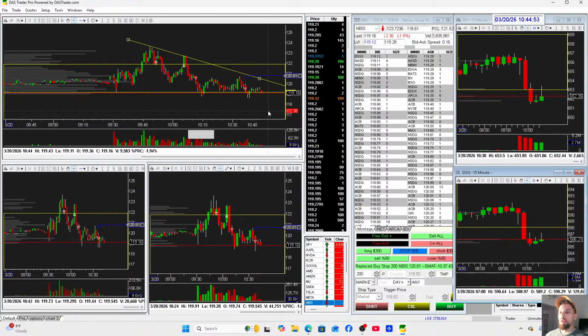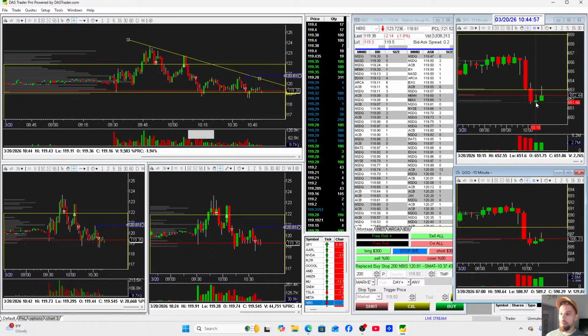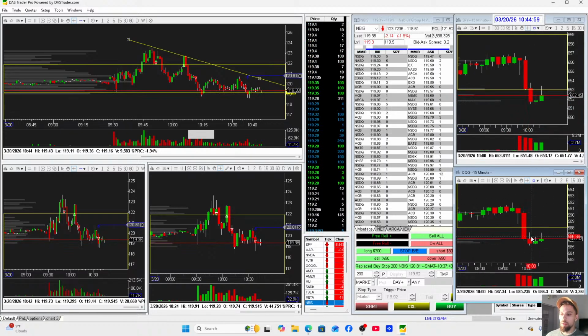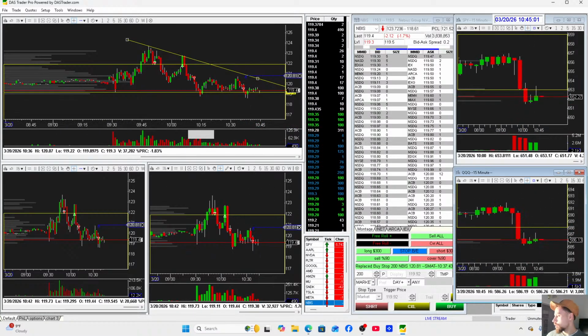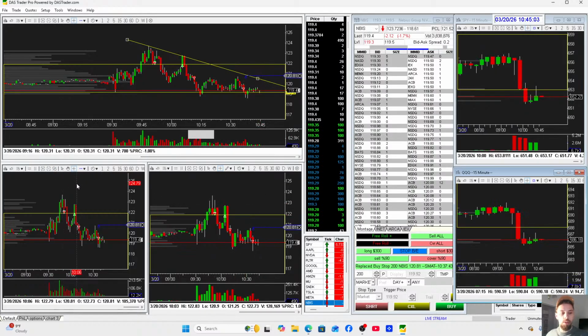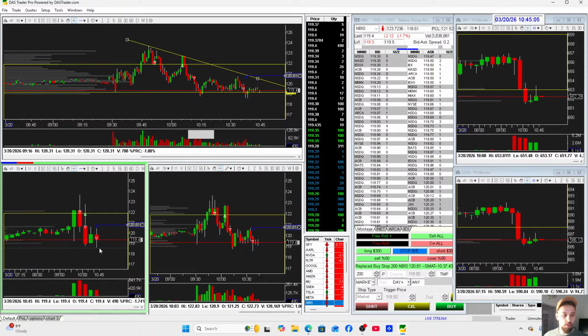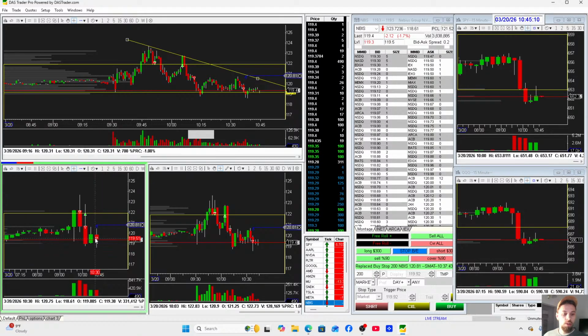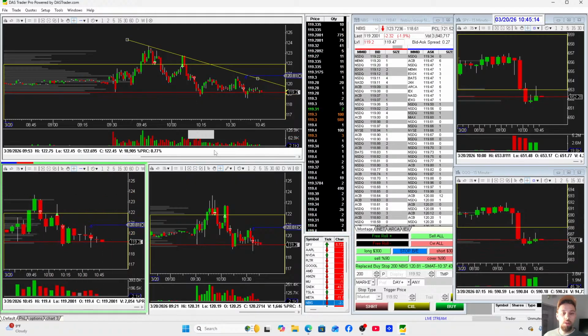Let's not get too aggressive. 15 looks great. 15's looking good there. 15 just closed. Didn't close as much as engulfing as I'd like, but definitely making a smaller, tighter pattern here.